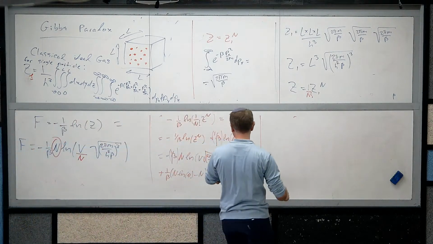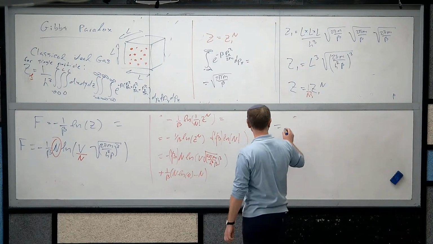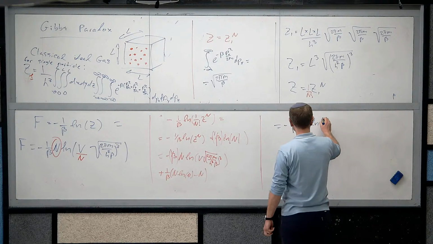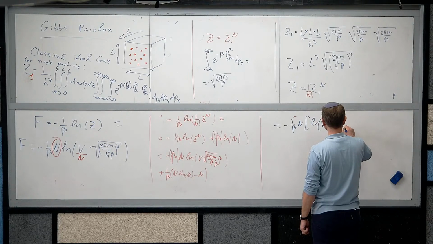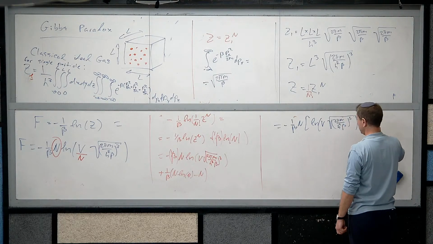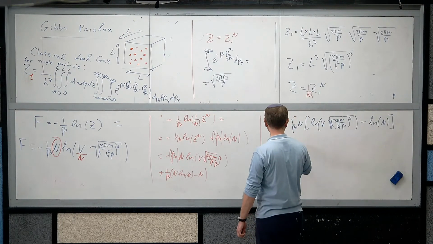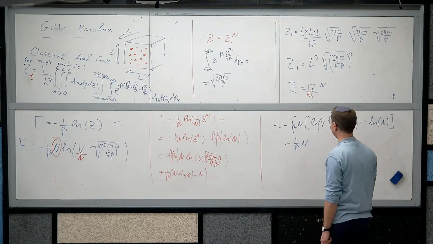So let's see. So we have n and n. So we write this down as minus 1 over beta n log of v square root of 2 pi m divided by h to the second power beta to the third power minus log of n. And also we have plus 1 over beta n.